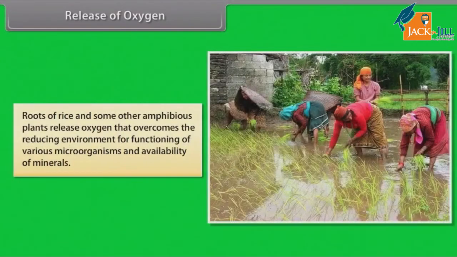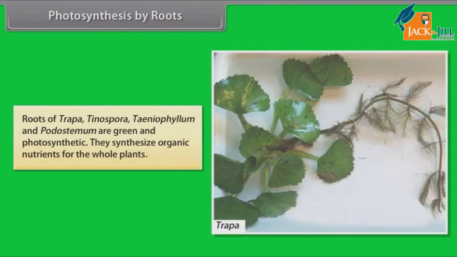Release of oxygen. Roots of rice and some other amphibious plants release oxygen that overcomes the reducing environment for functioning of various microorganisms and availability of minerals. Photosynthesis by roots. Roots of Trapa, Tinospora, Taeniophyllum and Podostemum are green and photosynthetic.